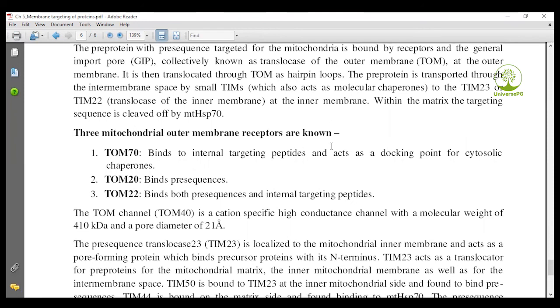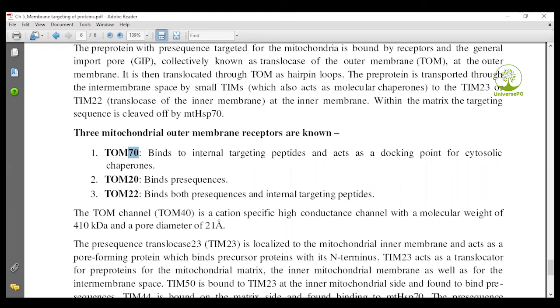How many mitochondrial receptors are found in the cell? Three mitochondrial outer membrane receptors: first, TOM70, then TOM20 and TOM22. Those are the mitochondrial outer membrane receptors.